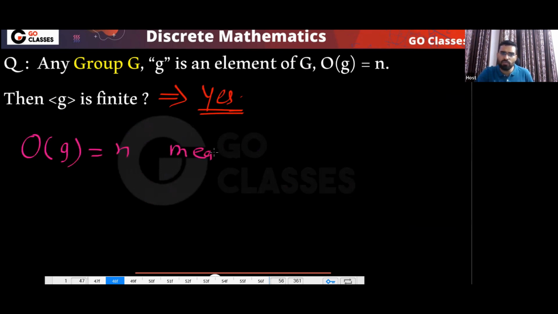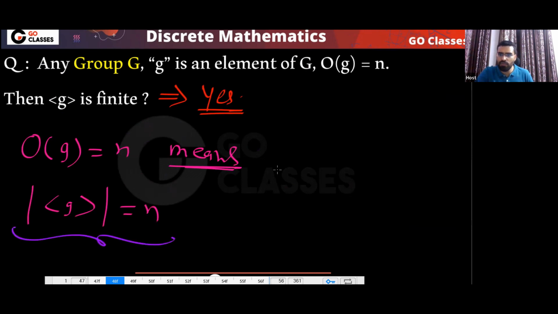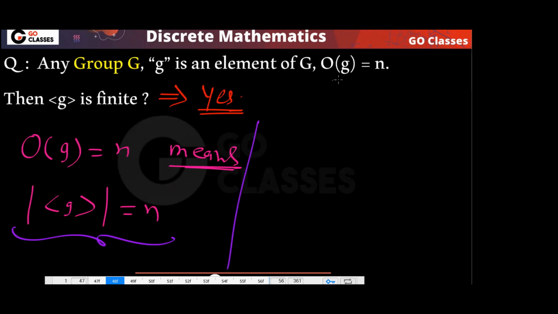This means the number of elements generated by g is n, meaning the order of the subgroup generated by g is n.